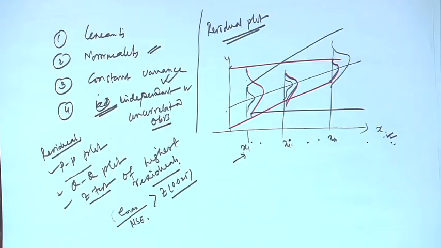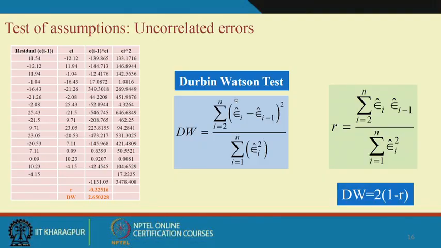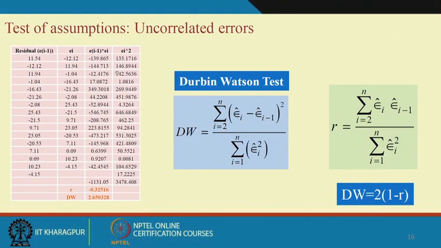For uncorrelated errors there is another test called the Durbin-Watson test. To see whether the errors are correlated or not, you take the errors in this order and create some lag, maybe 1 lag, 2 lag, k lag, and then you find the correlation between the two.